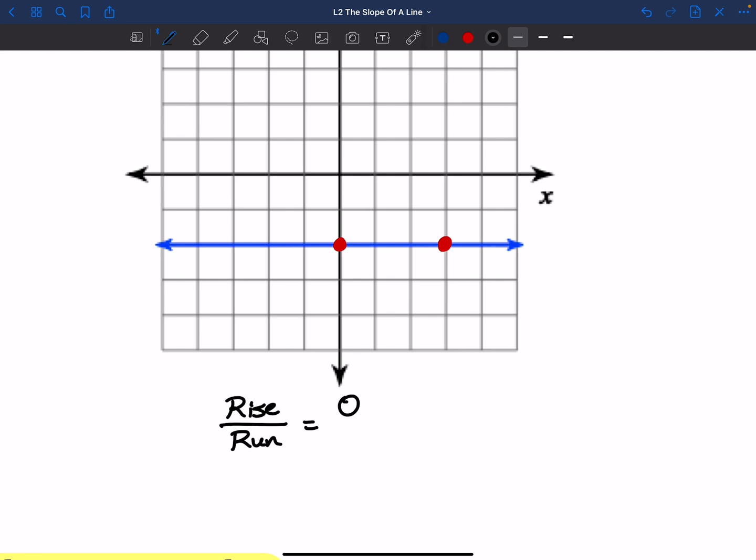So the rise is 0. I didn't go up or down at all to get from this point over to that point. As far as the run goes, let's say that we went over 1, 2, 3 spaces to the right. So my run is 3. So again, what I was just saying a minute ago about simplifying fractions when we were able, 0 divided by 3 is just 0.